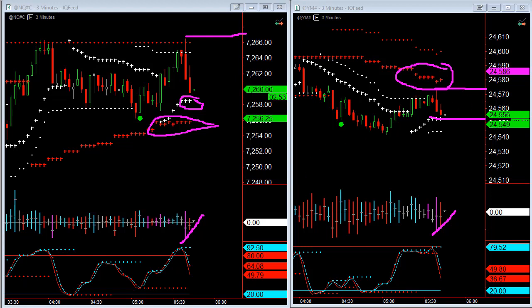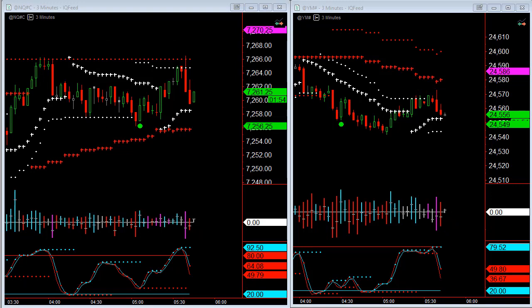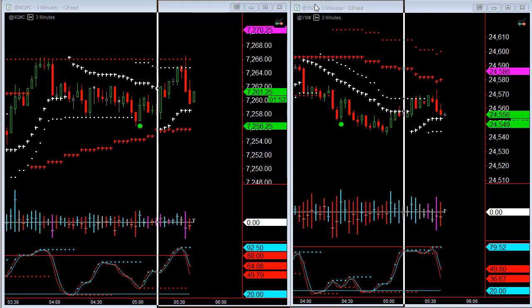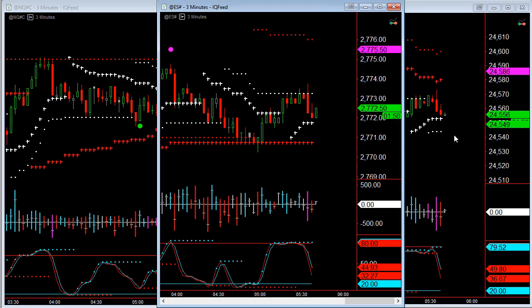Now, it's not just the Dow and the NASDAQ. You can also see the same thing happening over here on the ES. You can see that both the white and the red ATR is now below price. Price has come back to test it, and when it did, there was volume divergence.